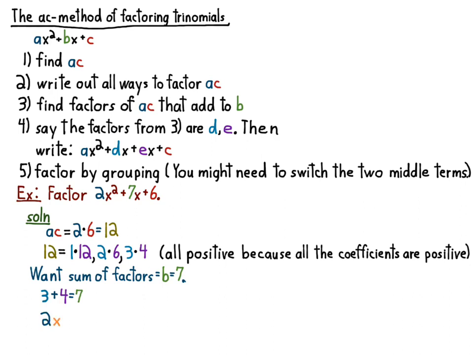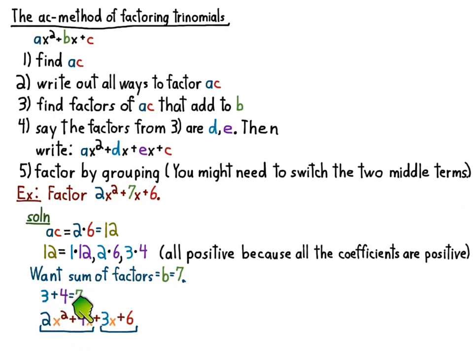So now you write out the 3 and the 4 as the middle terms. So 4x and 3x. And I put the 4x on the left and the 3x on the right just because 3 is a common factor with 6 and 4 is a common factor with 2. So it just looked like the 4 belonged with the 2 more than the 3 did. See? But again, if this way didn't work, you would just flip the two middle ones.